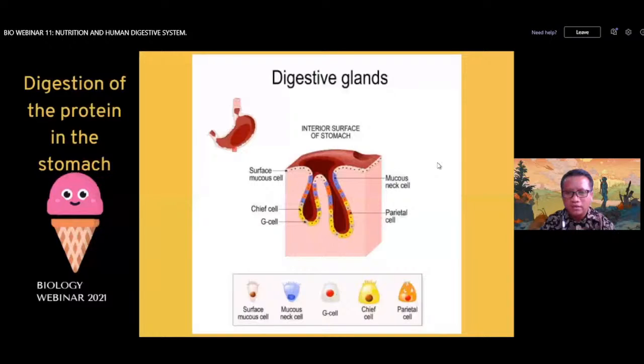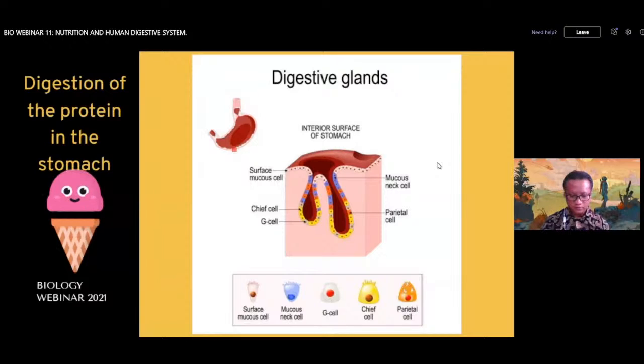These three cells are stated in the textbook as the cells that form what we call the gastric gland. Gastric means the enzyme, the juices that help to digest the food.